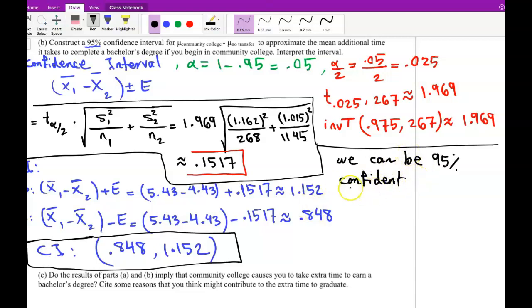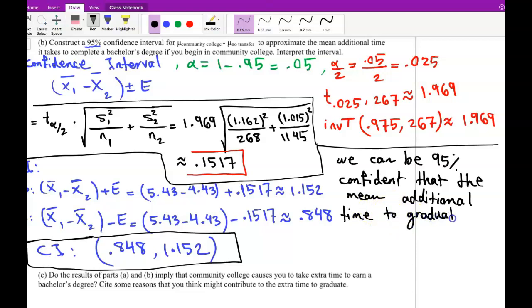So interpreting that as we can be 95% confident that the mean additional time to graduate for community college, so I'm using CC again.